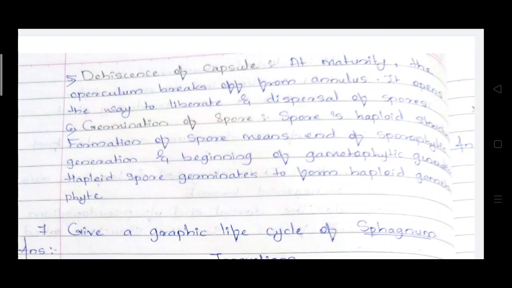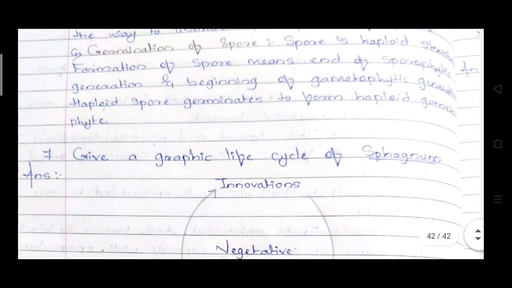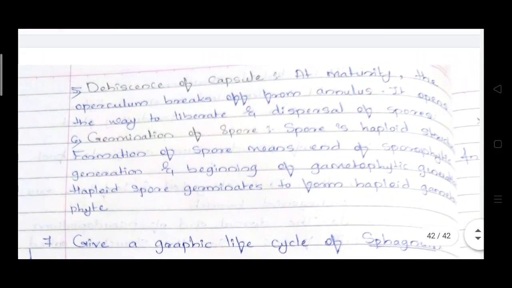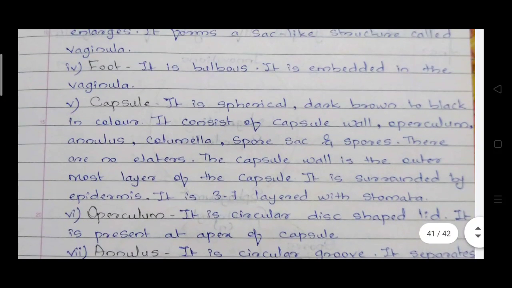The spores are haploid. Formation of the spores means the sporophytic generation, and when the spores grow, that starts the gametophytic generation. When these haploid spores germinate, they form the haploid gametophyte. So this is all regarding the sporophytic generation in sphagnum.